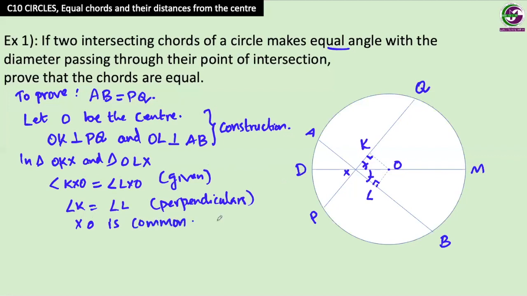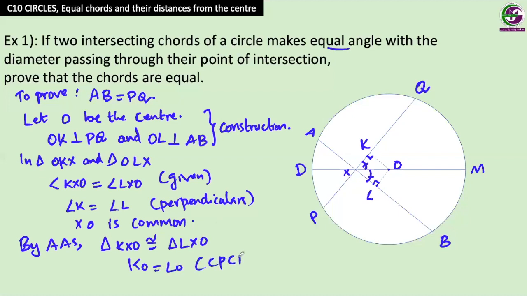So are we going to apply the RHS theorem or the AAS theorem? We have a right angle, but we don't have anything about the second side. We have the hypotenuse, but not the second side. So RHS will not work here. So it is angle angle side, AAS. Triangle KXO is congruent to triangle LXO. So by CPCT, corresponding parts of congruent triangles, KO is equal to LO.